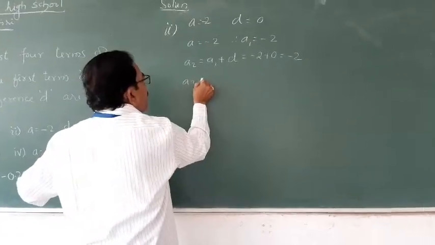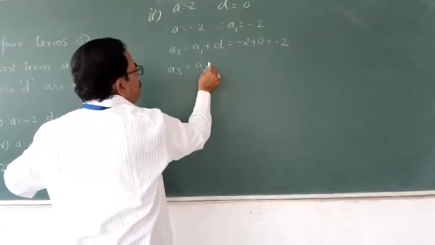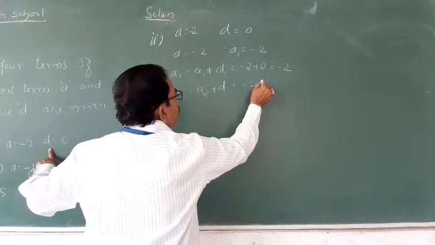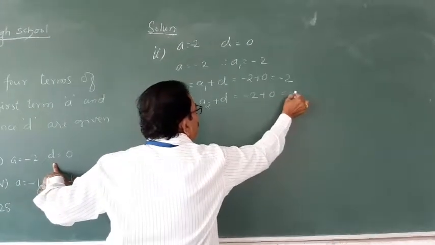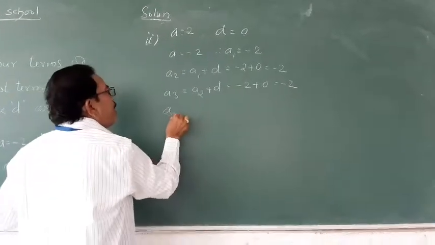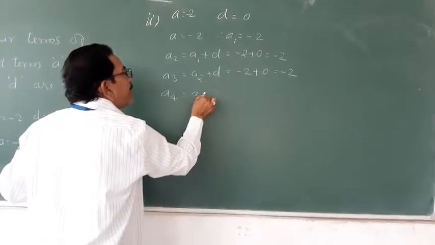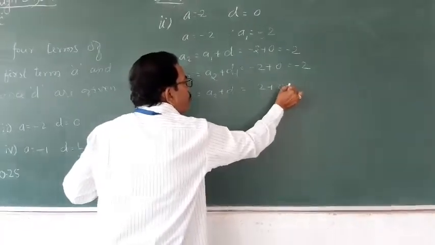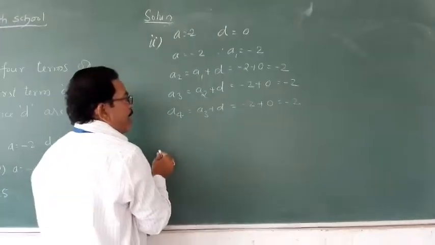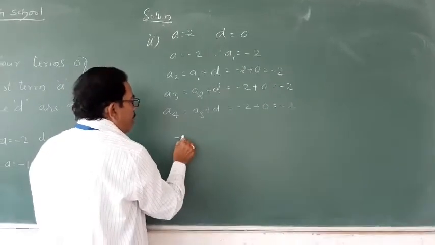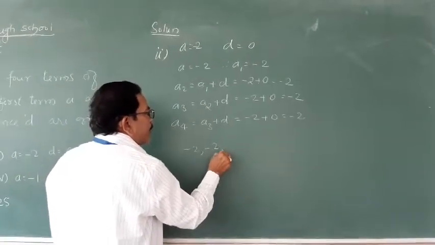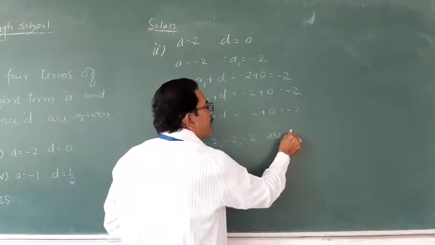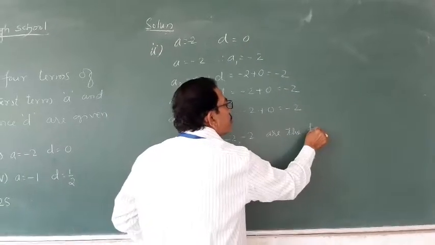Then A3 equals A2 plus D, that is A2, how much? Minus 2, and D is 0, that is equal to minus 2. Then A4 is A3 plus D, that is minus 2 plus 0, minus 2. Therefore, the 4 terms are minus 2, minus 2, minus 2, minus 2.